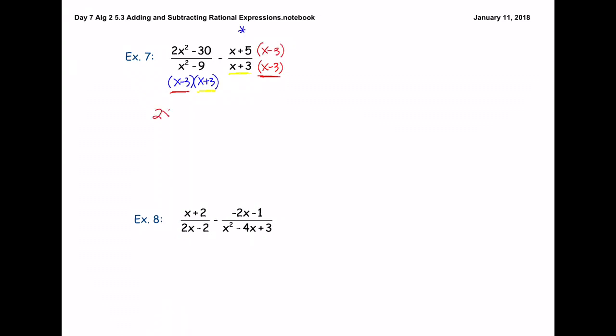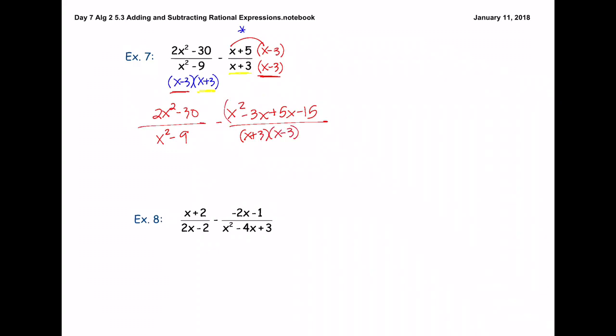So we have 2x squared minus 30 over x squared minus 9. When we distribute this out, x times x is x squared minus 3x plus 5x minus 15 all over x plus 3, x minus 3.